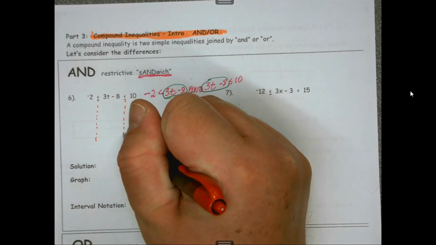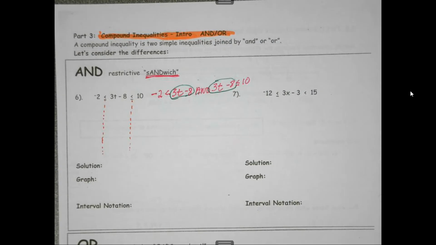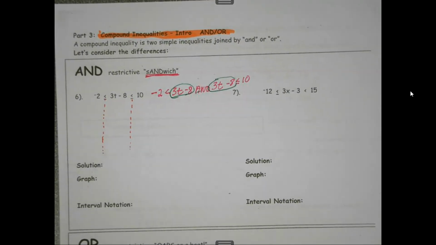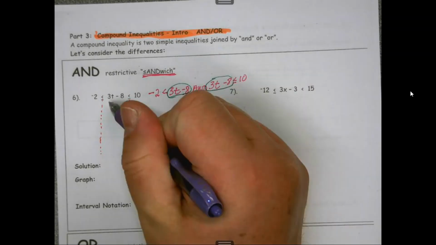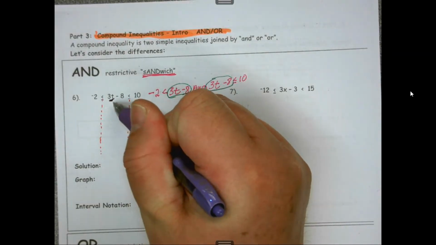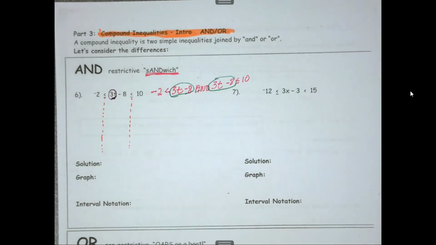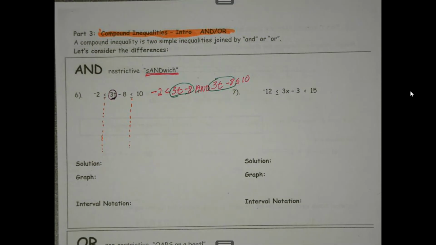Okay, so let's go ahead and start solving for t. There's my t, but I'm going to have to get this t term by itself first. So I'm going to undo the minus 8. I'm going to add 8.